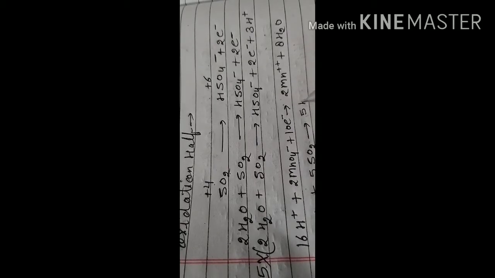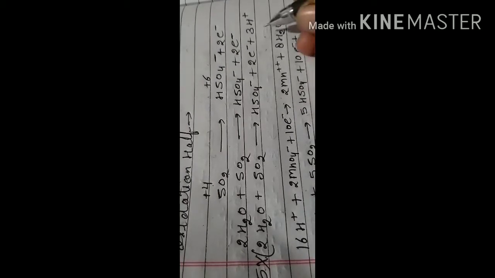Here you get 10H2O, 5 2s are 10, plus 5 SO2, converting into 5 HSO4 negative plus 10 electrons plus 3 5s are 15H positive.